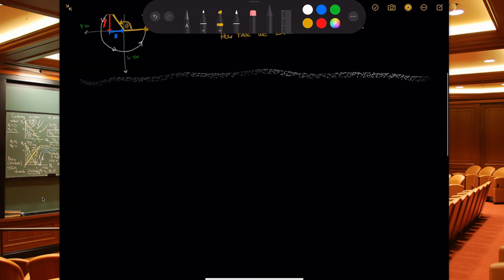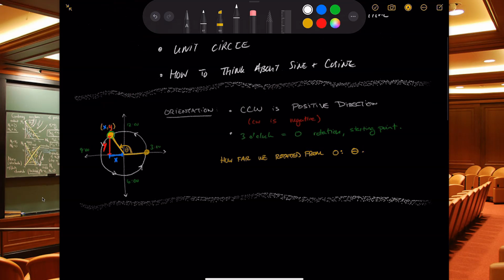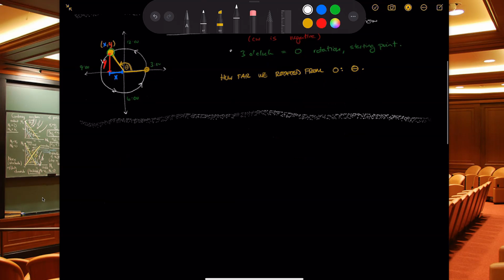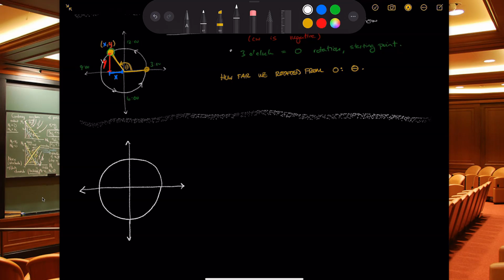I think it's important that we put pen to paper on this because it's a different type of graph than we're used to, and so we want to really become comfortable with what's going on. So a few things to note: how we orient ourselves on a circle. So draw yourself a set of axes. And again, if we have some Ferris wheel, you can ignore these details for now.